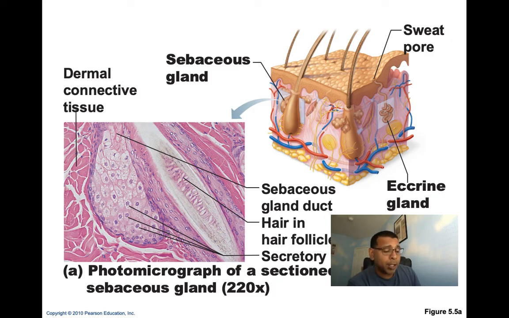Now when you talk location on the body, they're found in the axillary, the anal genital areas, the groin, the areola, and the beard area in mature males. These apocrine sweat glands are located within the integument in the deep dermis and hypodermis.